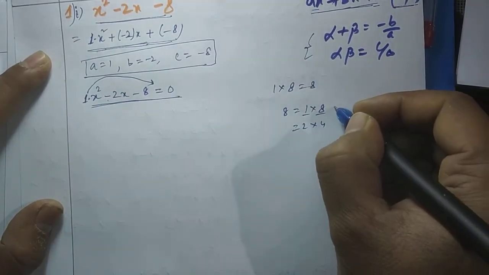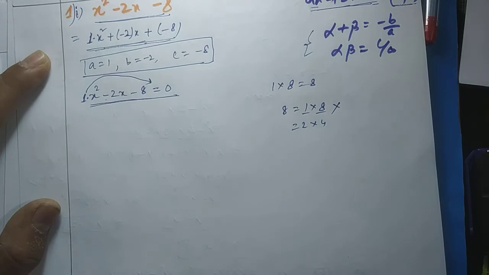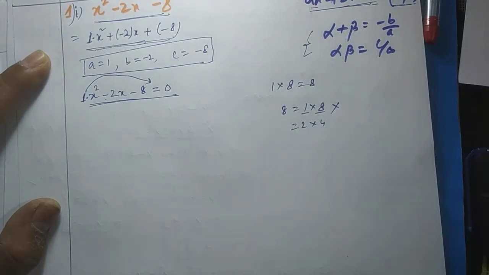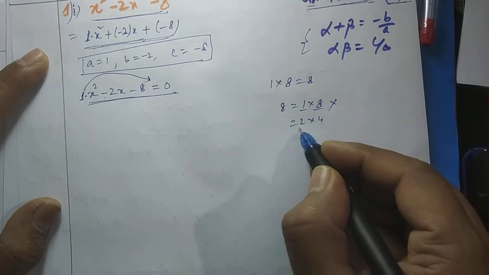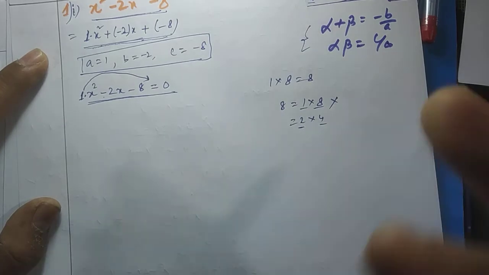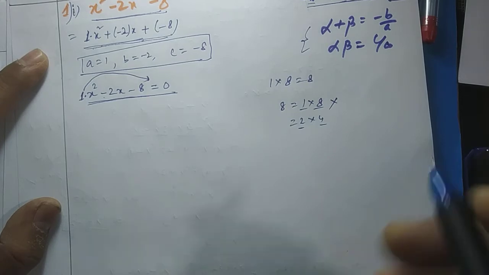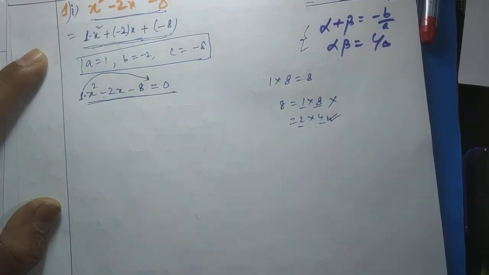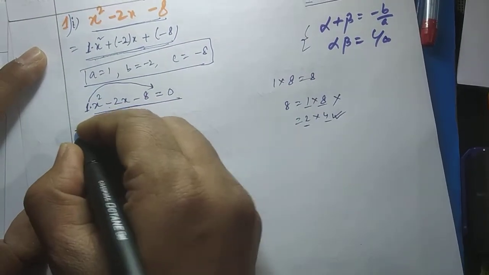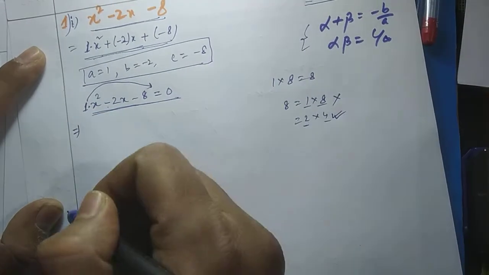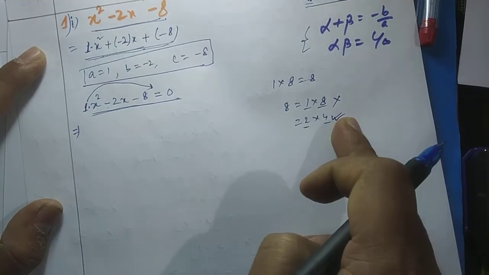That's why we cannot take this possibility. So it is cancelled. But if we take 2 and 4, by using them we can bring minus 2 in the middle. That's why we have to go for these two factors. Okay, let us see how to bring minus 2 by using 2 and 4.